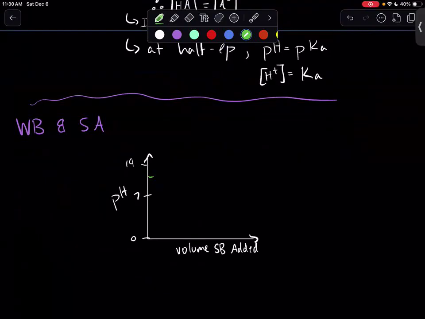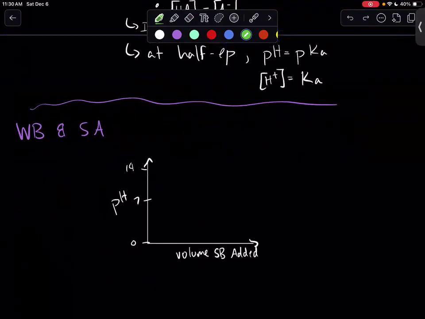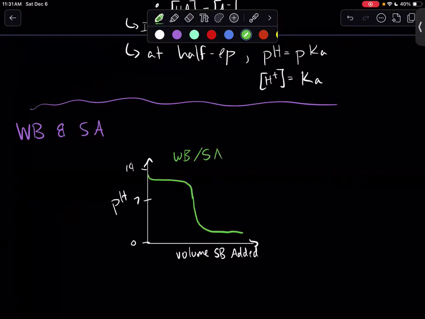This might be something like sodium hydrogen carbonate or ammonia. We are once again going to create a buffer region. Then we are going to shoot down and get that strong acid section. So this is going to be our weak base titrated with a strong acid. So I'm going to go ahead and change that to volume of strong acid.